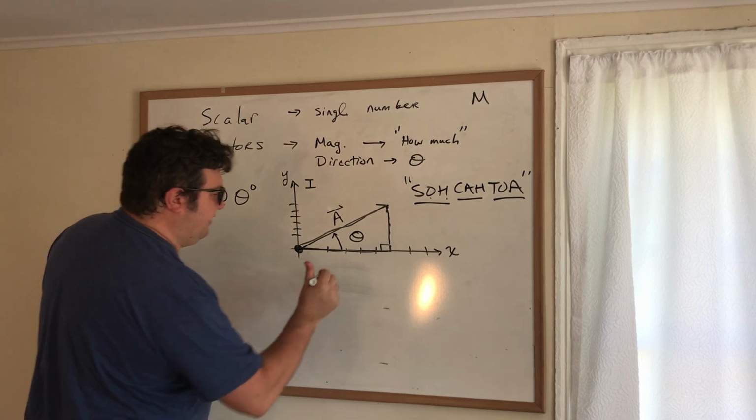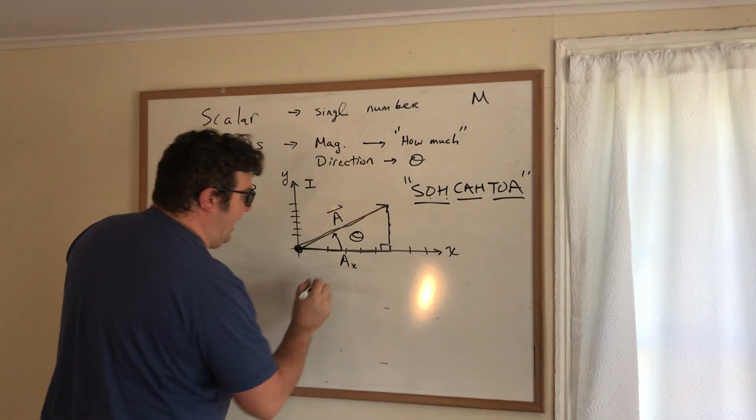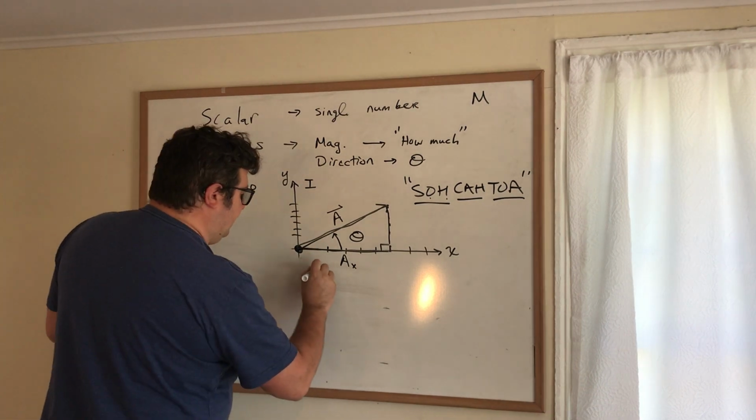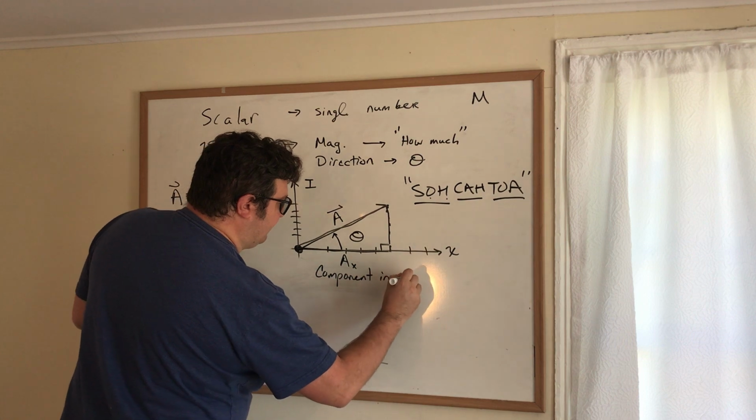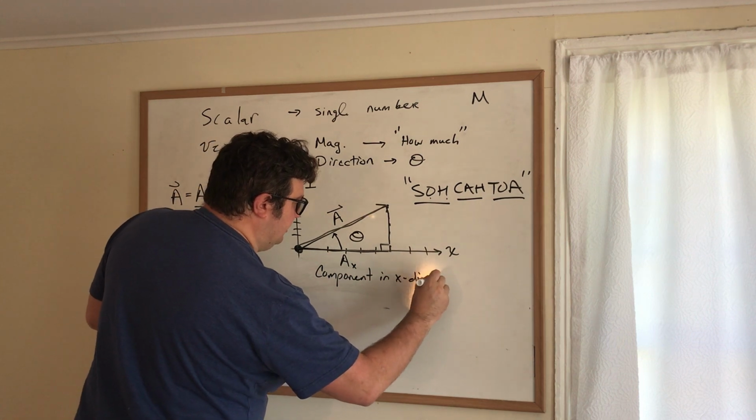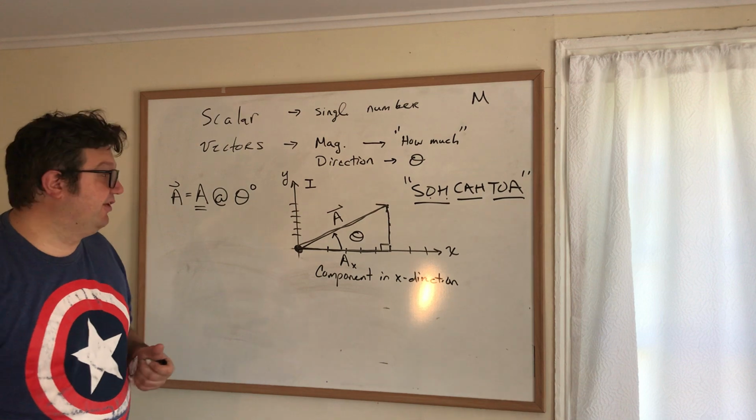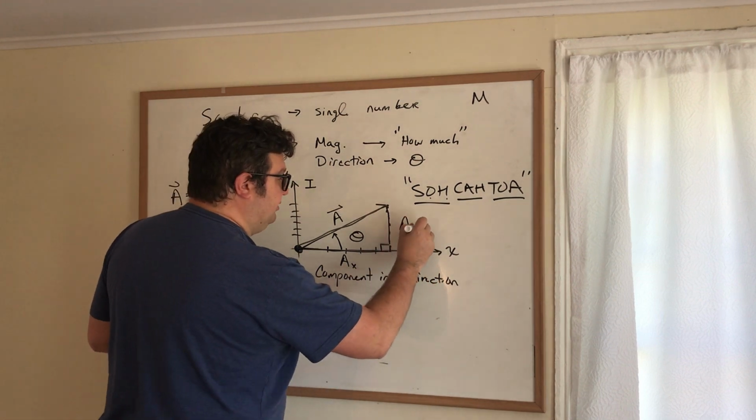I have the part that's going in the x direction, I'll call AX. We'll call this the component in x direction. And then I'm going to have a component in the y direction, AY.